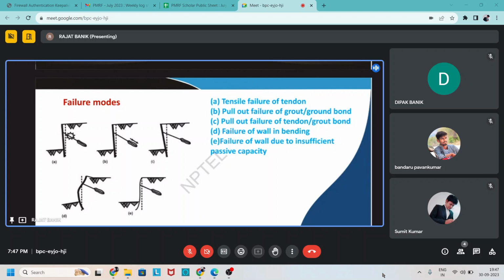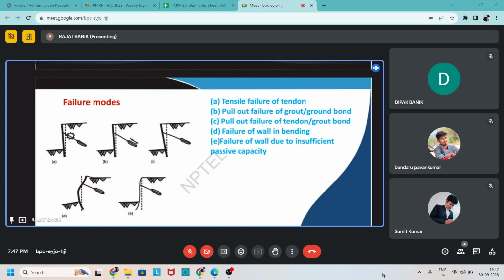Then failure of wall due to the insufficient passive capacity. So we know that when we construct a retaining wall, three types of pressure are created. One is active pressure, another is passive pressure, and then pressure at rest.